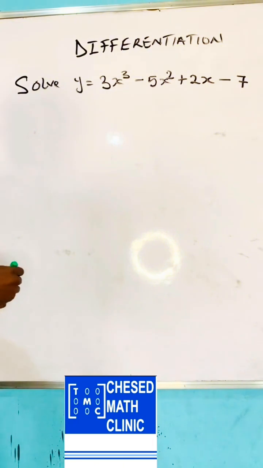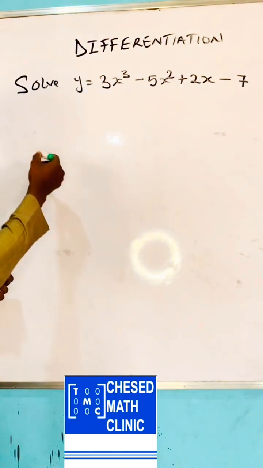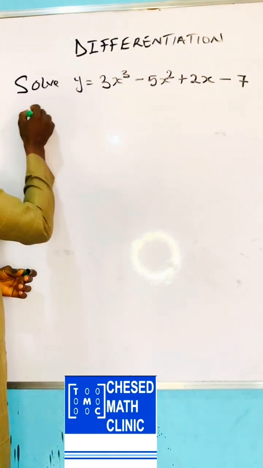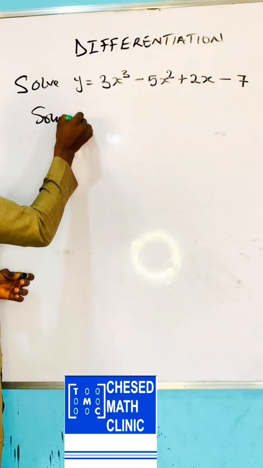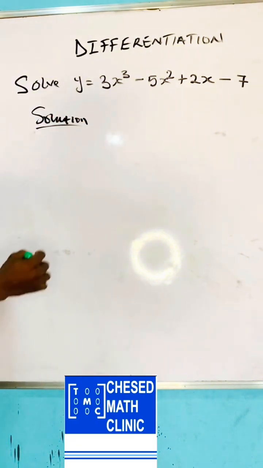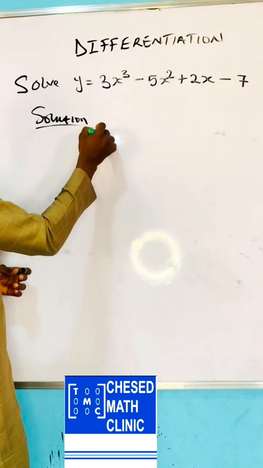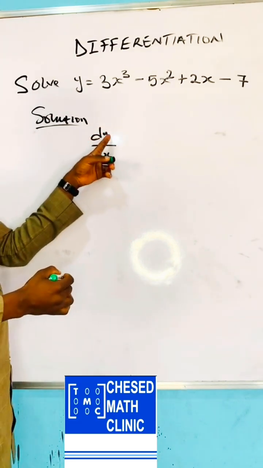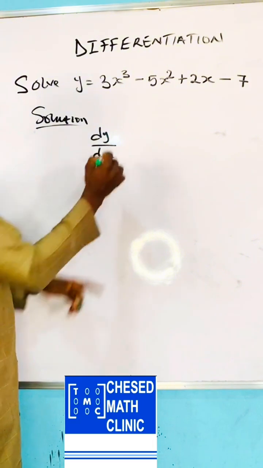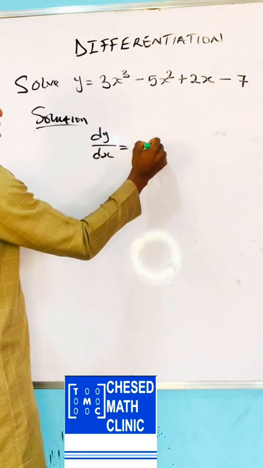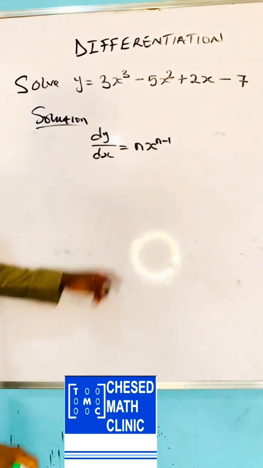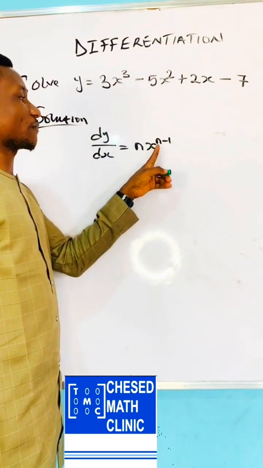Now, how do we solve this question? We will be guided by what we call the power law of differentiation. So what does that state? For us to solve this, we apply that knowledge: if we want to differentiate the function y with respect to x, it is the same thing as nx to the power of n minus 1.